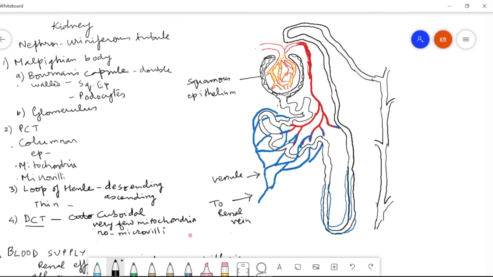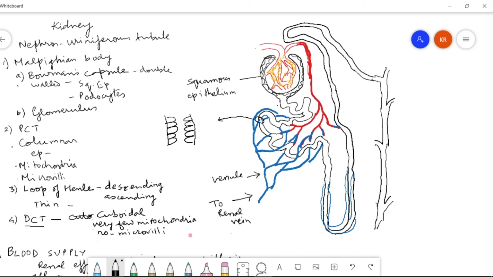So we have just drawn over here a part of this. A part of this has been shown over here.